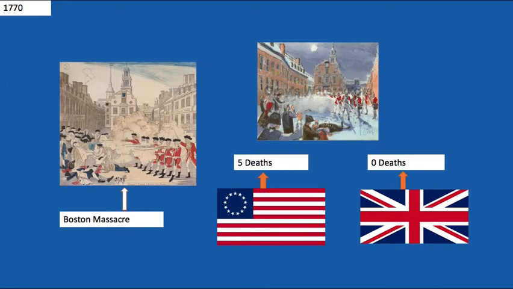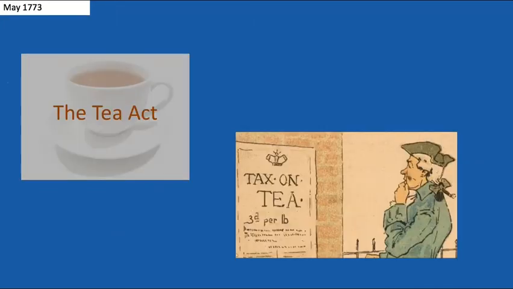In 1770, the American colonies protested against the British soldiers. The Tea Act. In May 1773, the British introduced a new act, called the Tea Act. This act was basically that the British were allowed to export every single tea to Boston, which made the American colonies really angry.